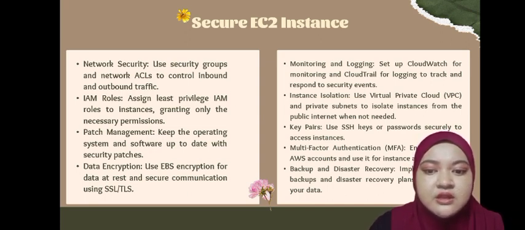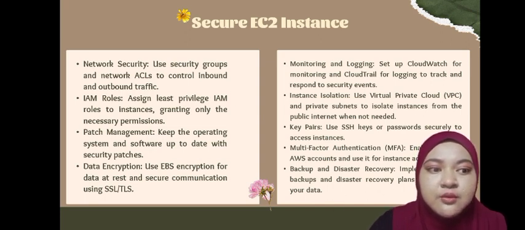Patch management: keep the operating system up to date with security patches. Data encryption: use EBS encryption for data at rest and secure communication using SSL or TLS. Monitoring and logging: set up CloudWatch for monitoring and CloudTrail for logging to track and respond to security events.